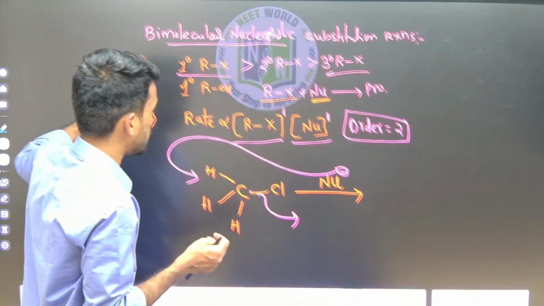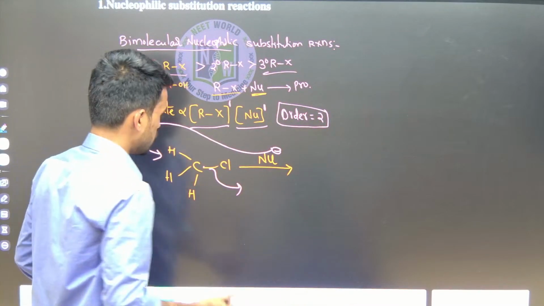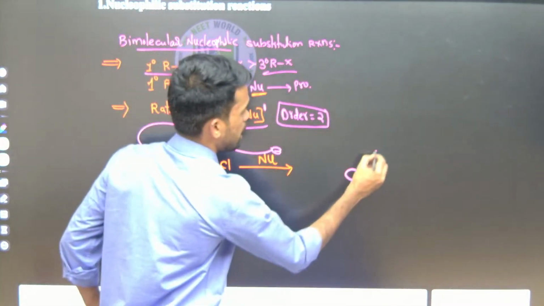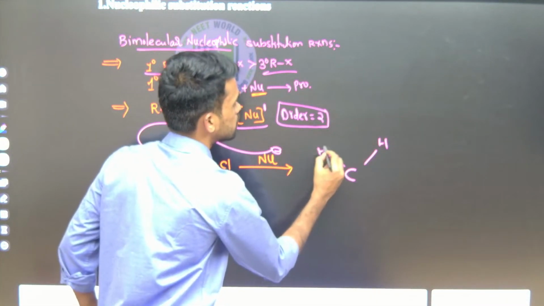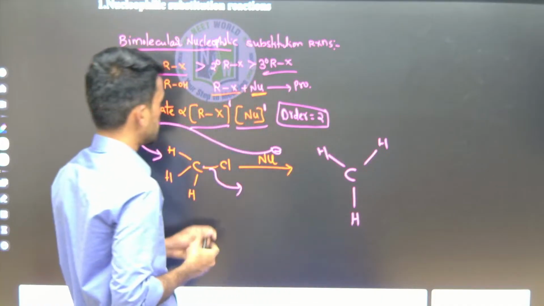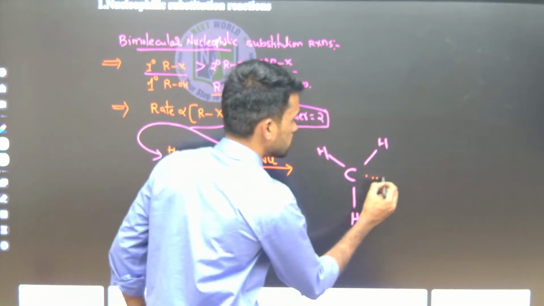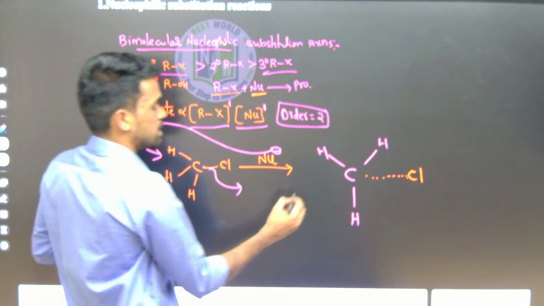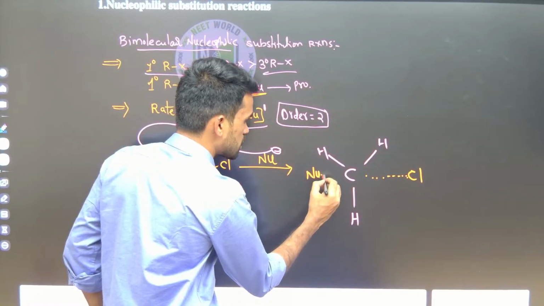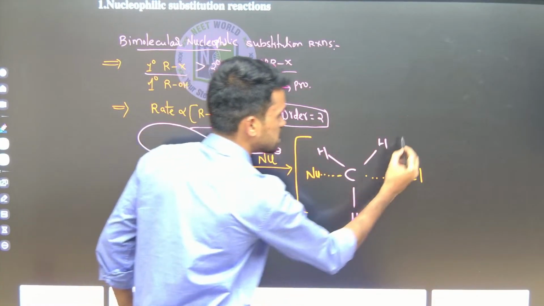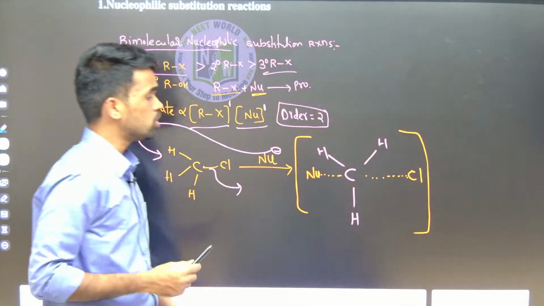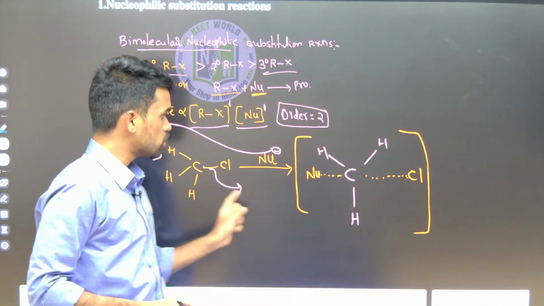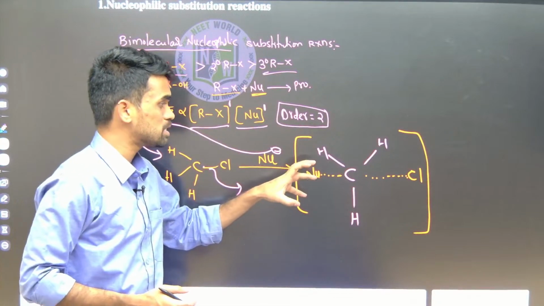So now you see the carbon in the middle and 3 hydrogens like this. The chlorine atom goes out like this, and the incoming nucleophile enters at the same time. So you can see the incoming nucleophile coming and the chloride ion going out, and this process takes place simultaneously.